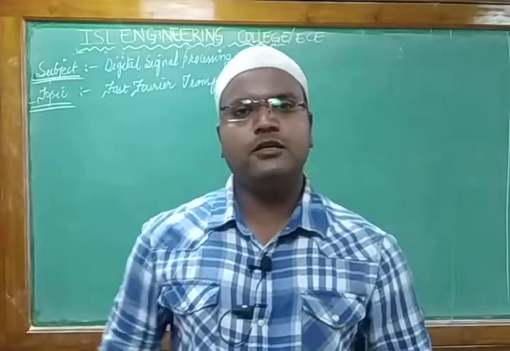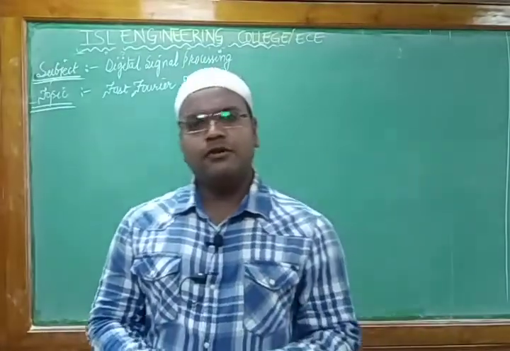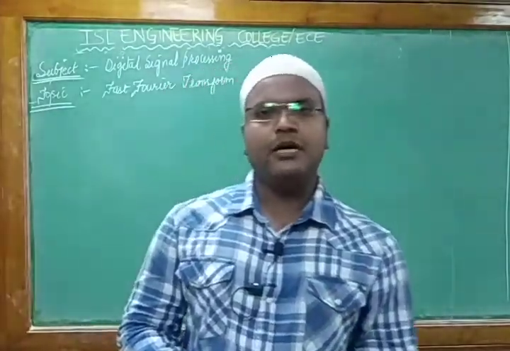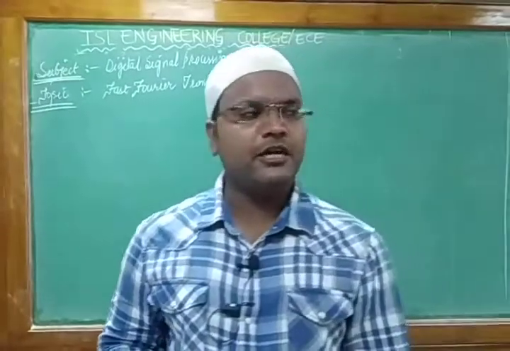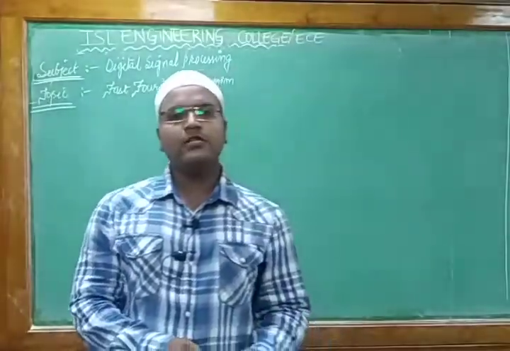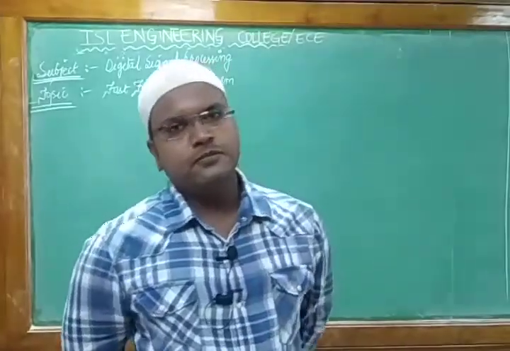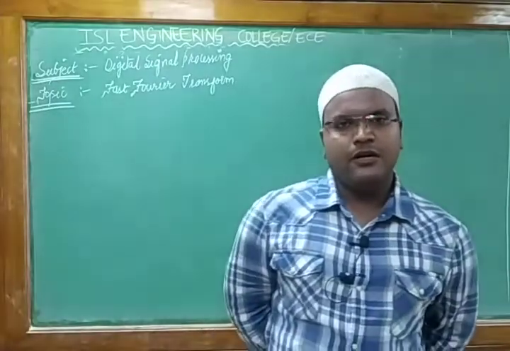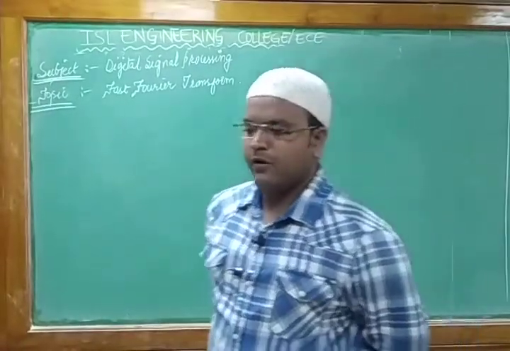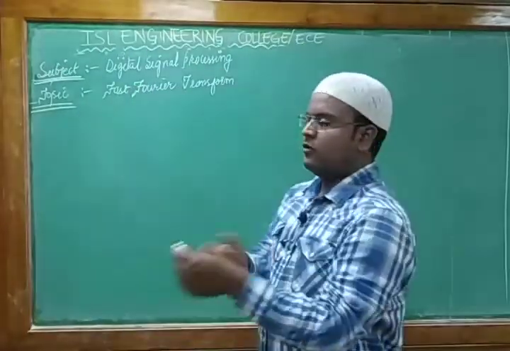So what is it that we actually need to see? In the previous class we discussed that whenever we want to design the fast Fourier transform, it can be done in two methods. One is decimation in time, the second is decimation in frequency. By using these two methods, we can convert to the fast Fourier transform for n-point DFT. In that, today we are going to discuss the construction of 8-point DFT from 2-point DFT.